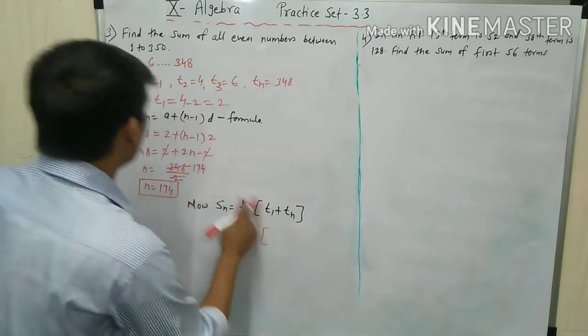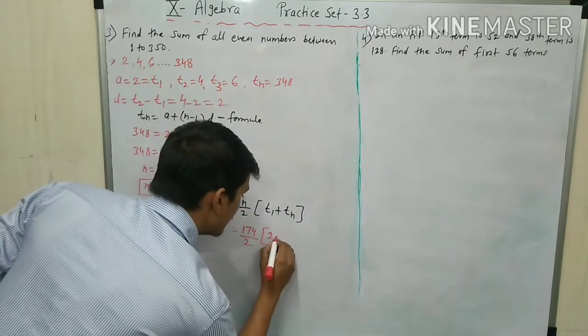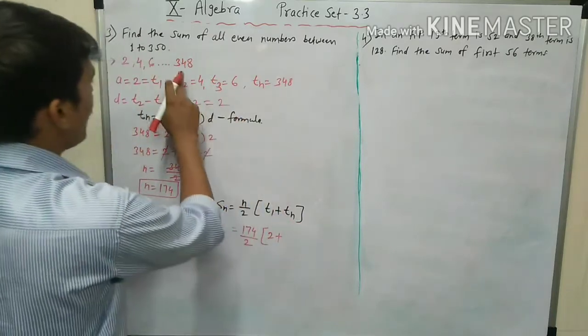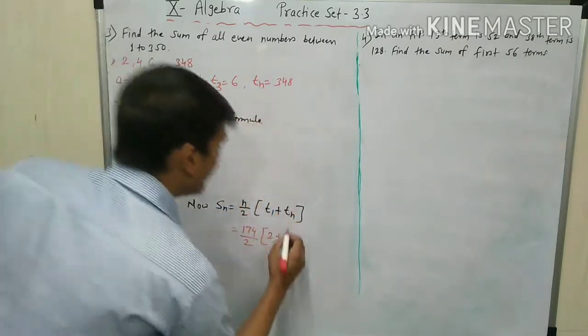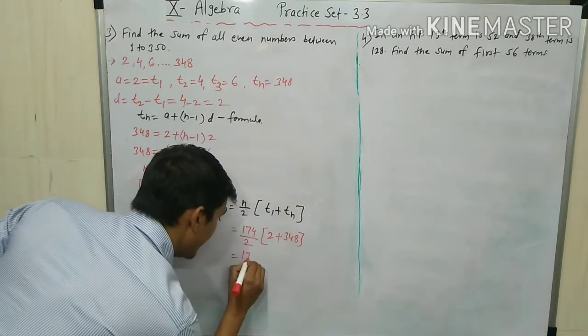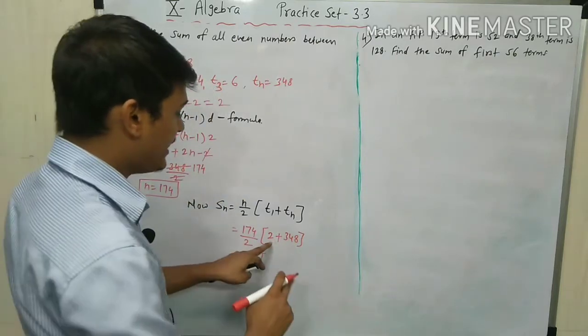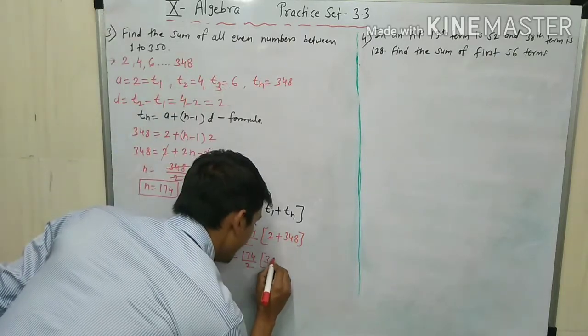Now T1 means the a value, which is 2, plus the nth value, which is 348. Clear? Now 348 plus 2 is 350.